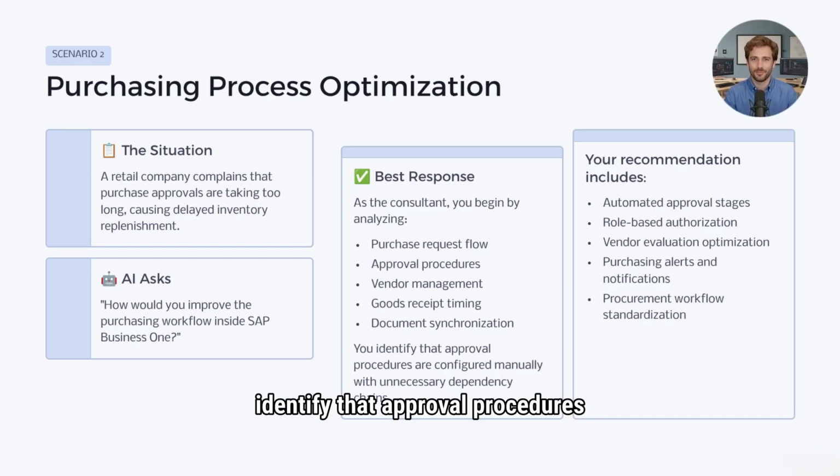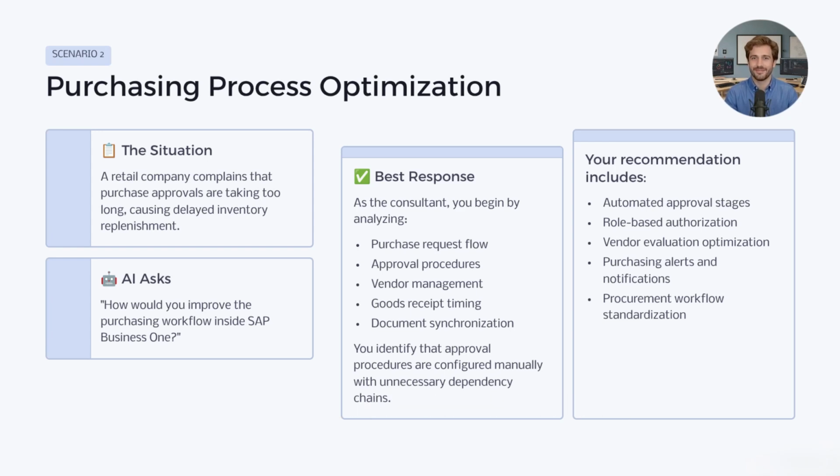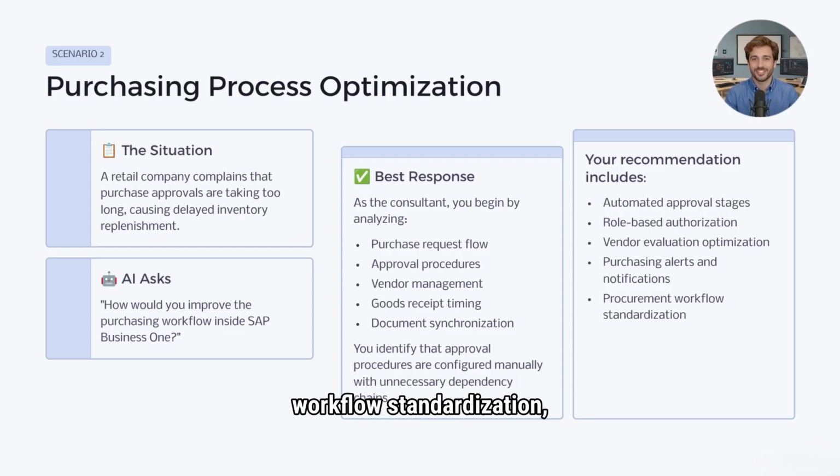You identify that approval procedures are configured manually with unnecessary dependency chains. Your recommendation includes automated approval stages, role-based authorization, vendor evaluation optimization, purchasing alerts and notifications, and procurement workflow standardization.